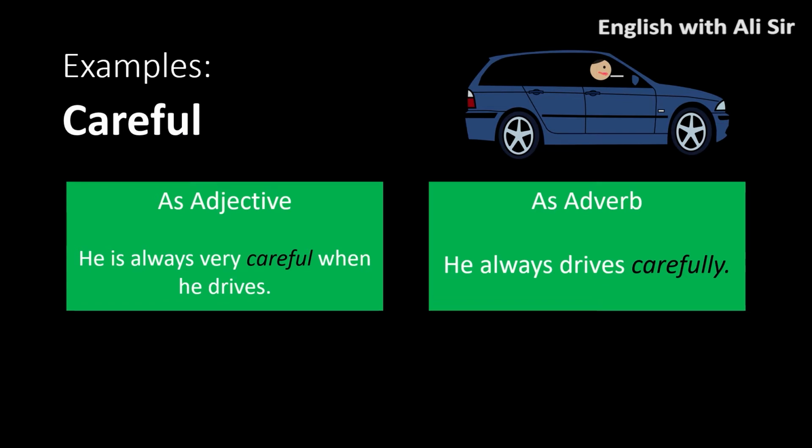So we have to understand this whole theory. Adverb modifies the meaning of verb, adverb or adjective. And one more thing to understand is, always remember that adverb is an extra part of a sentence.